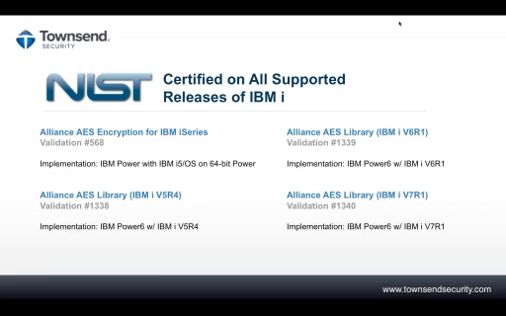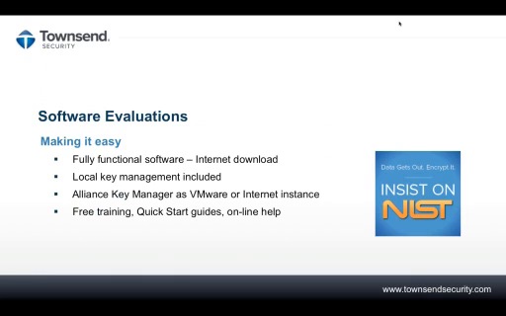We do have NIST-validated AES encryption libraries. We're the only vendor on the IBMI platform who has taken our encryption libraries through full FIPS validation, AES validation, starting with V5R3 of the operating system, and all those are validated on the IBMI platform. These are, again, our optimized libraries on the IBMI.